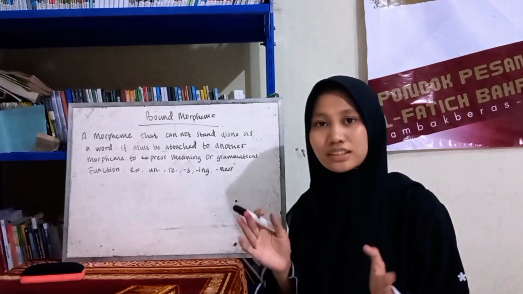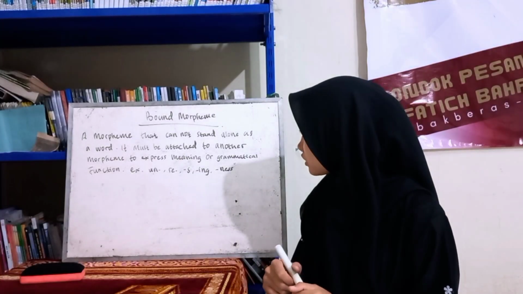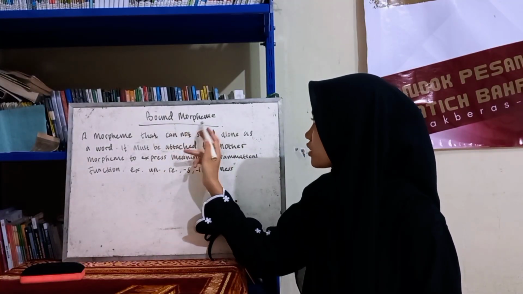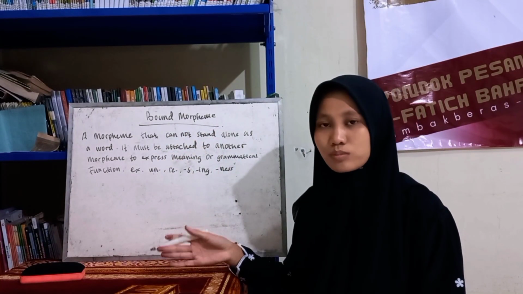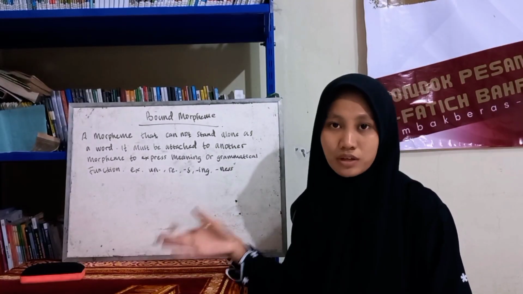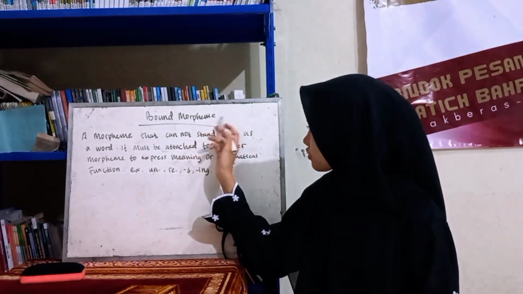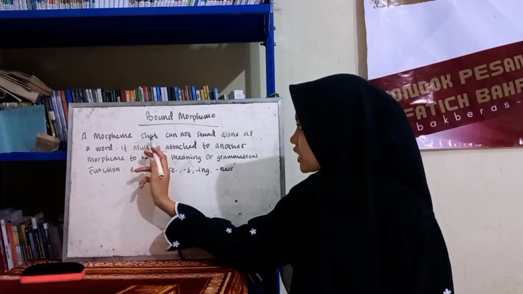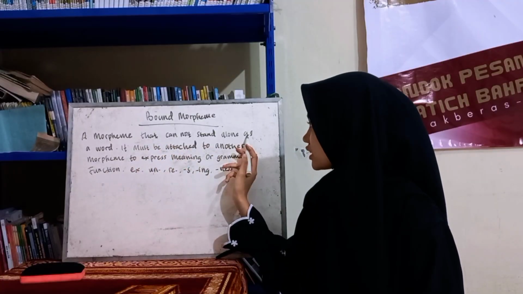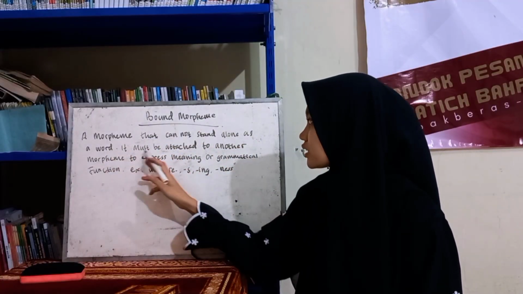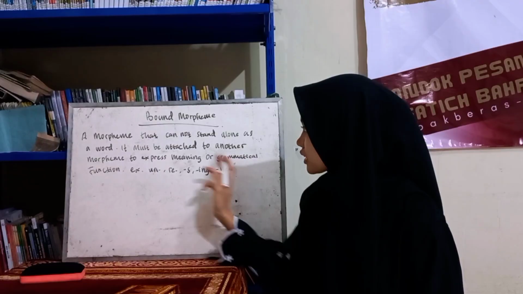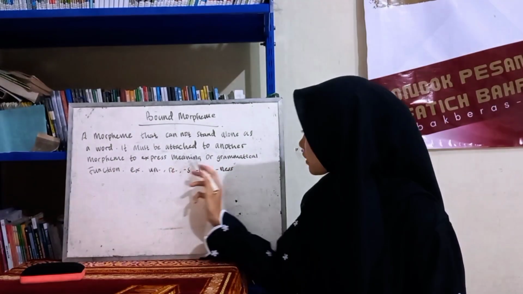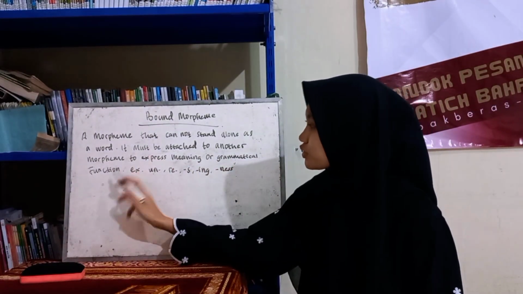And then right now we study bound morphemes, the second type of morpheme. What is a bound morpheme? A bound morpheme is a morpheme that cannot stand alone as a word. It must be attached to another morpheme to express meaning or grammatical function.